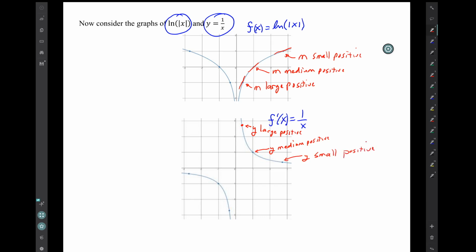Well, we see that the right sides of these graphs do correspond nicely in that way. But what about the left sides? Well, the left sides are just the mirror images.